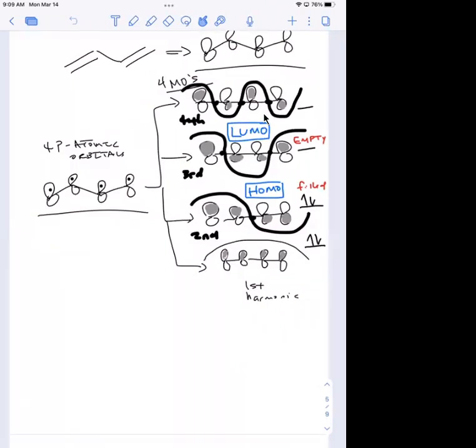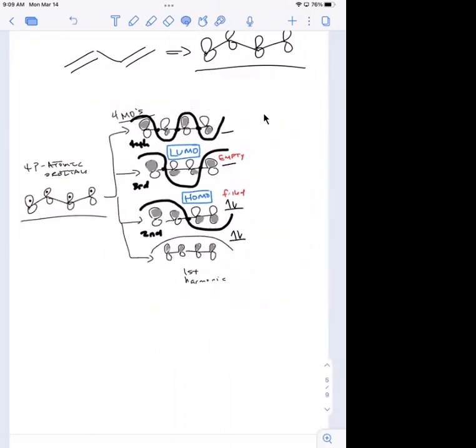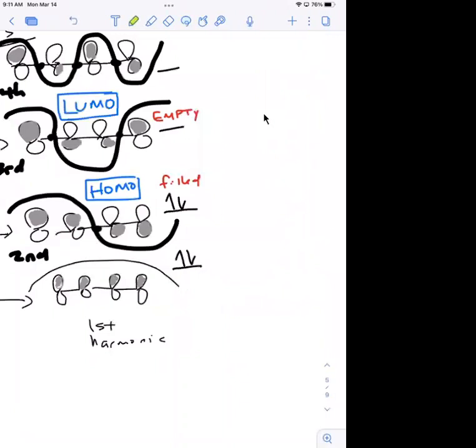We showed each orbital and each harmonic, where energy was increasing going from bottom to top. So energy is always going to be increasing in this direction.